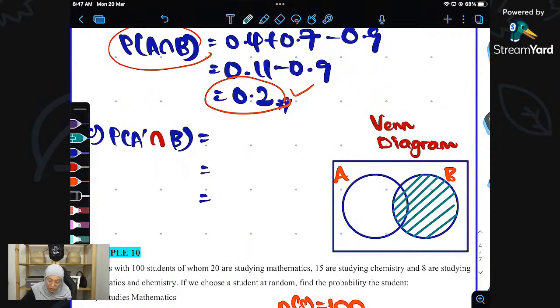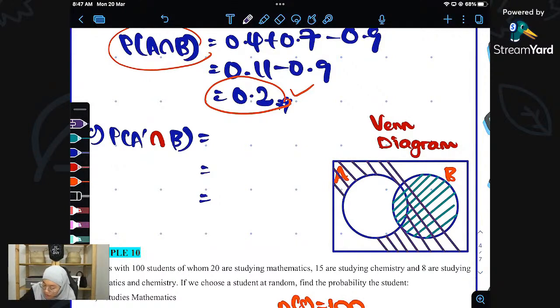Okay, now I want to show you my A prime. So my A prime is here. Let me slow down. I'm just going to be very, very slow in shading it, so that you know this is the position.